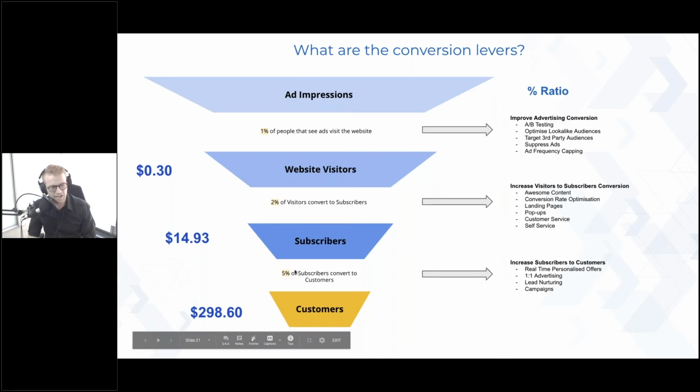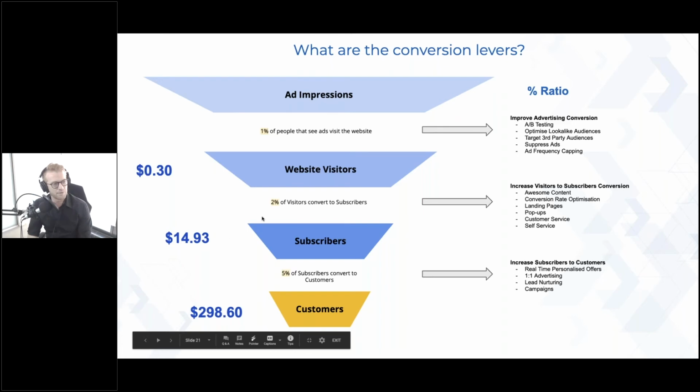So you can derive the whole value of your entire funnel by leveraging this lifetime value number. So 5% of your subscribers, $15.